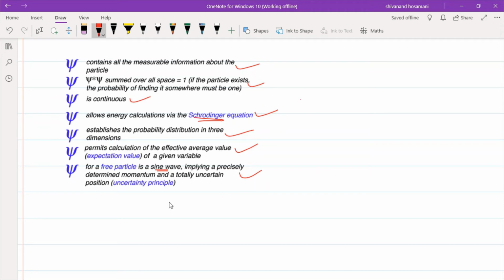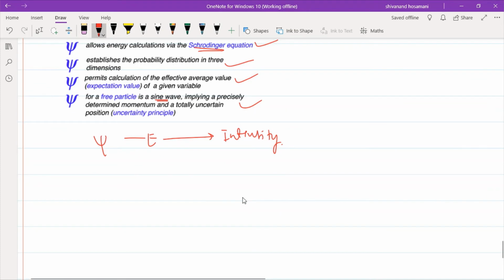And moreover, we know that any wave function possesses energy, and this means it should possess an intensity, right? As we know, in classical mechanics, intensity is directly proportional to the square of the amplitude of a wave.